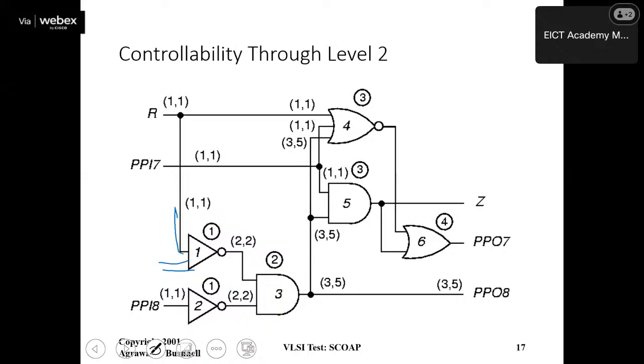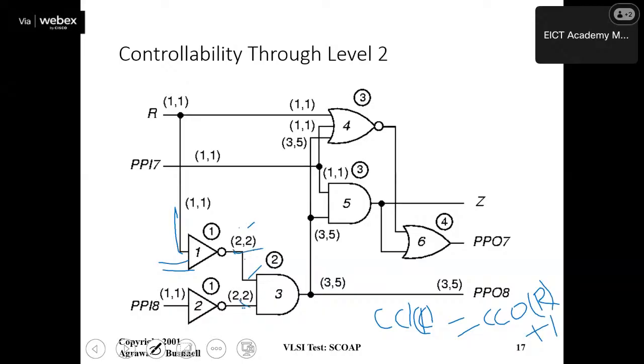So CC1 for the inverter, let's say this was the C branch. CC1 at branch C can be written as CC0 at the input of the inverter, that is R, +1. So CC1 of the inverters was 1 only. So both of these will become 2.